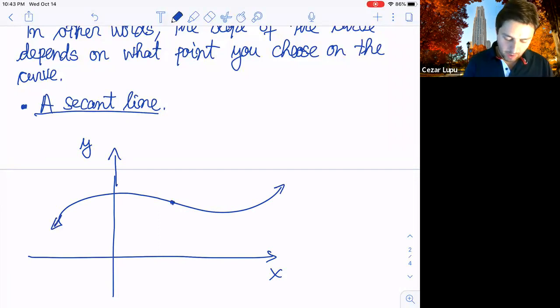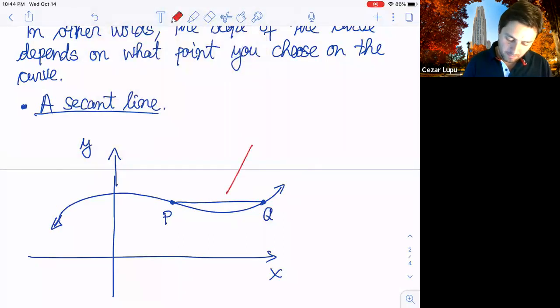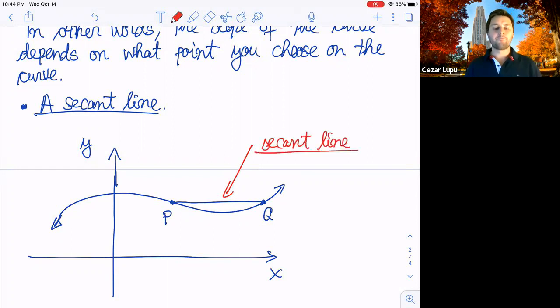I have these points P and Q here, and this is what we call the secant line. So you take two points on the curve, then you just draw the line.